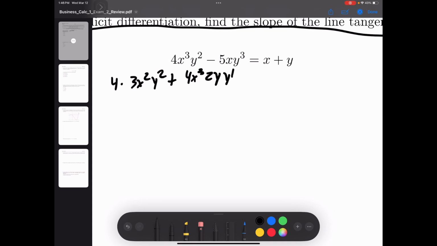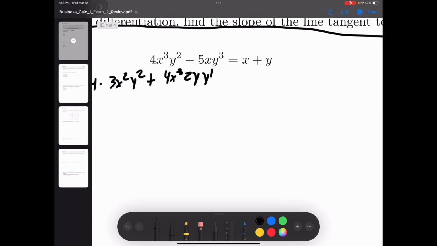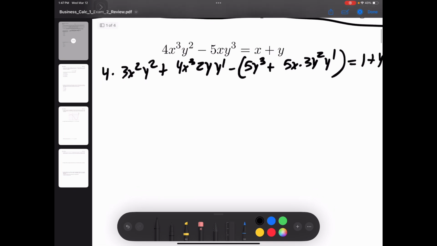The derivative of y squared is going to be 2y, y prime, minus derivative of the first, 5y cubed, minus derivative of the second, 5x times 3y squared y prime, equals the derivative of x is just 1, the derivative of y is y prime.